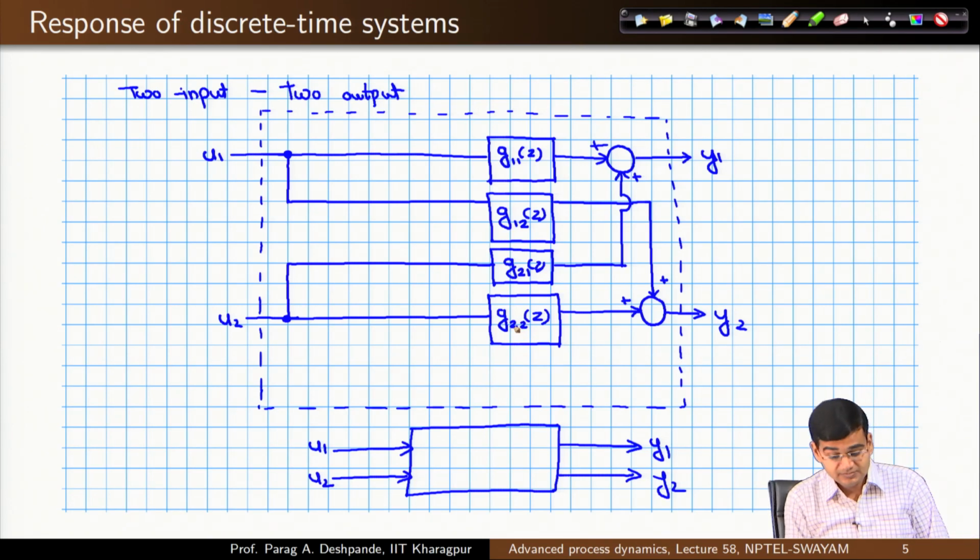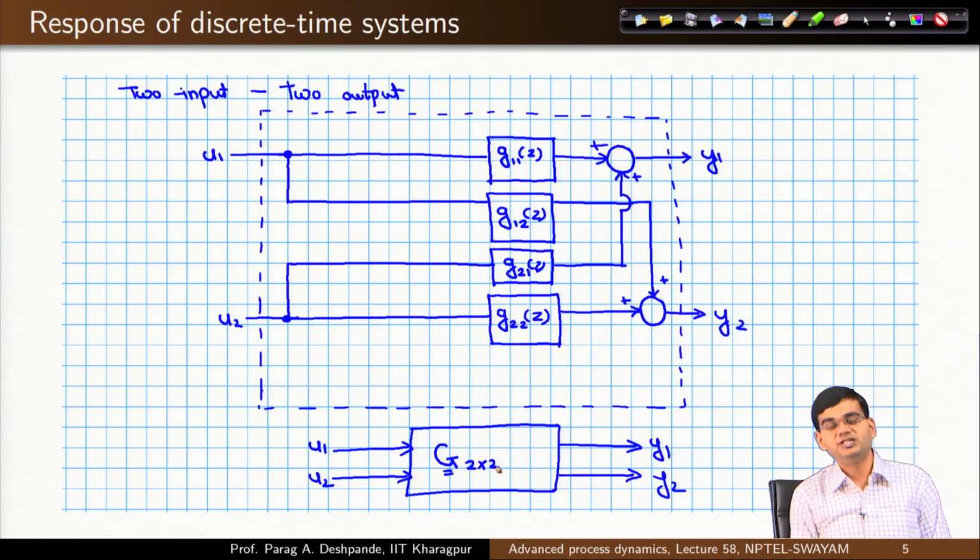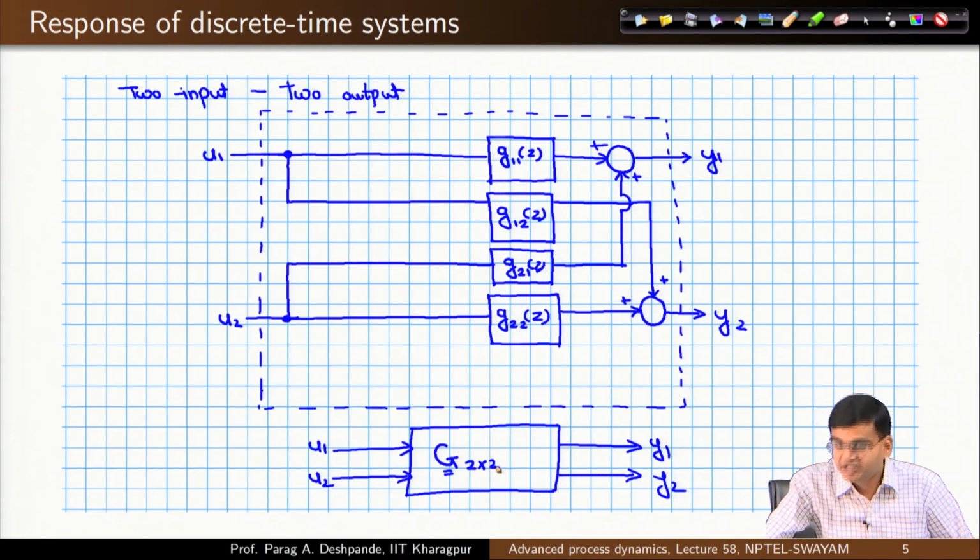So, therefore, I will have a transfer function matrix G, 2 cross 2, whose elements would be the individual transfer functions G11 z, G12 z, G21 z and G22 z. So, in this manner it is possible to determine the transfer function matrix of multiple input multiple output discrete time systems.